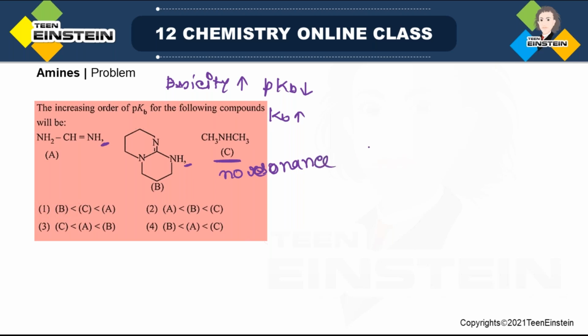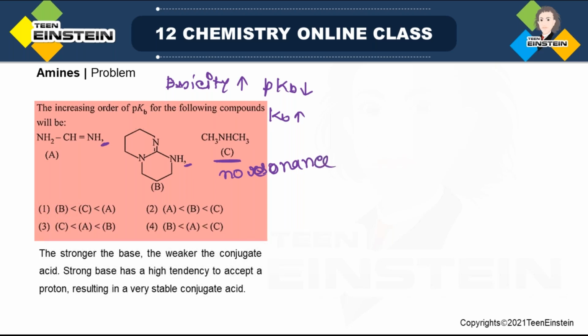And one thing we know, the stronger the base, the weaker is the conjugate acid. Don't misunderstand this word. Weaker conjugate acid means it is actually a stable conjugate acid, because stable means weaker. If something is stable, it will not be very reactive.